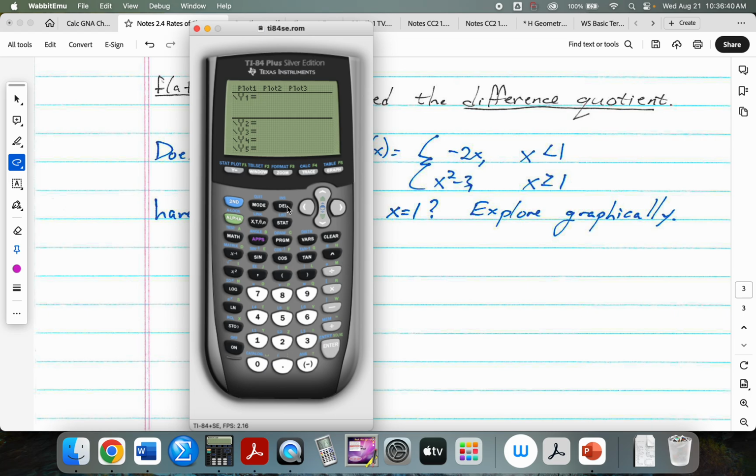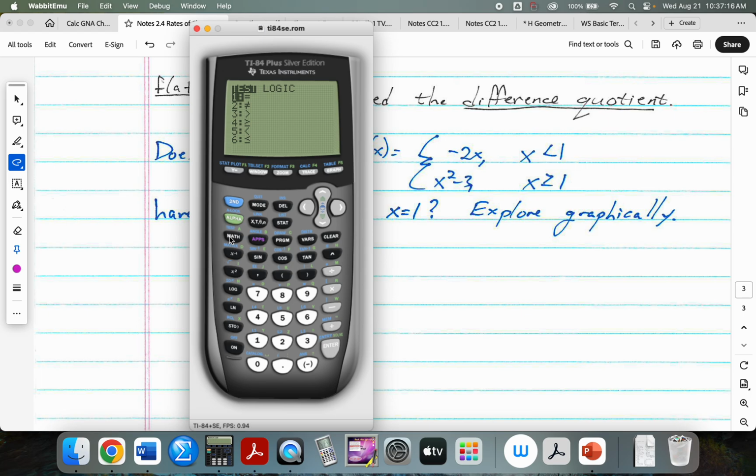All right. So what I can do, you have to use some parentheses. We'll do negative 2x, and then I'm going to do divided by, under the second math menu, there is a test.